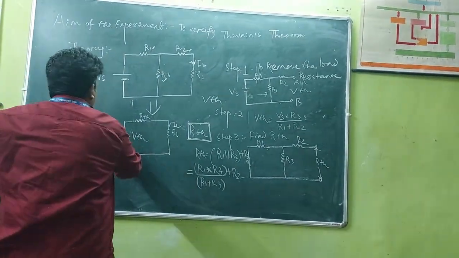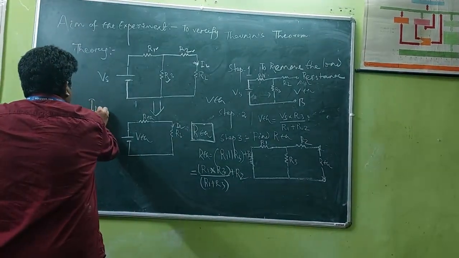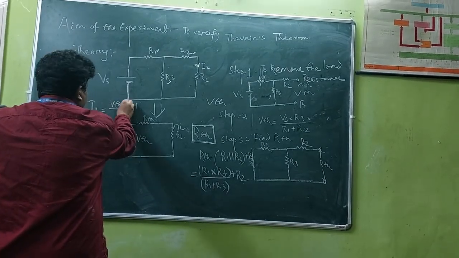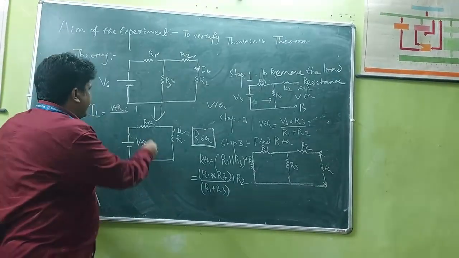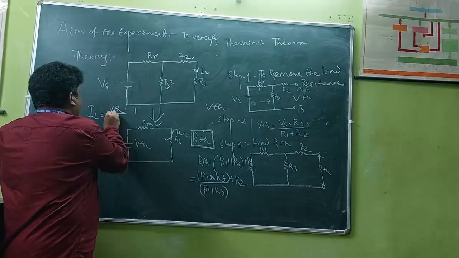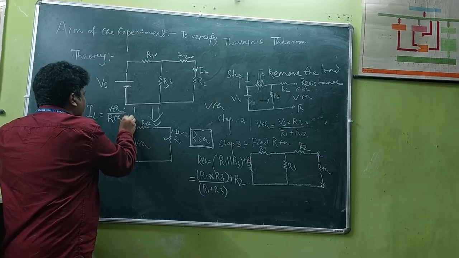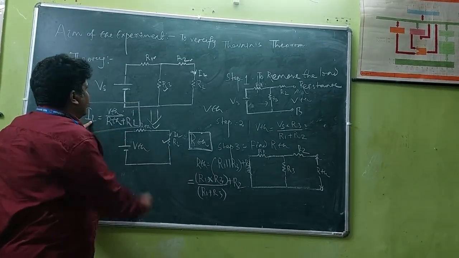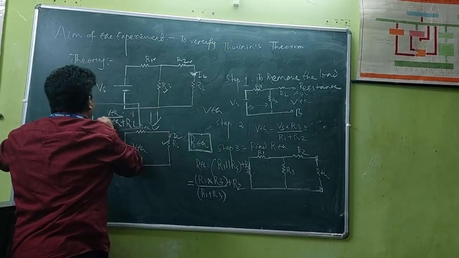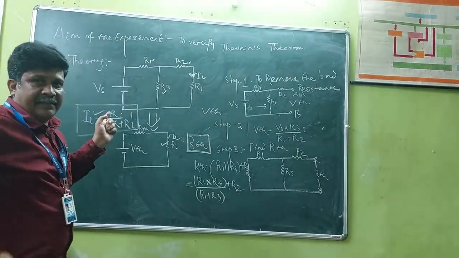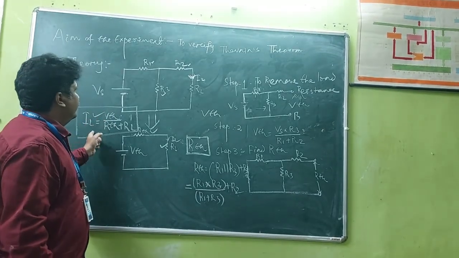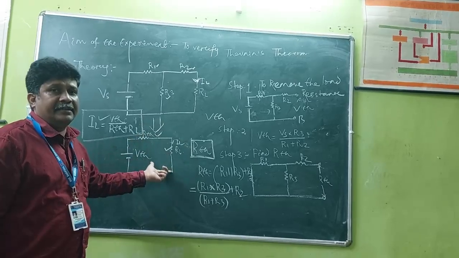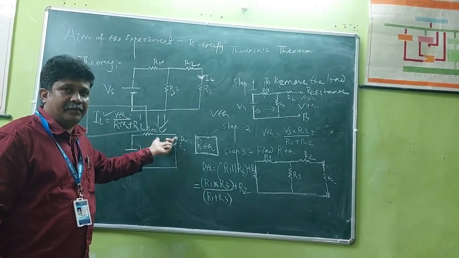Now we have to calculate the value of IL, which will be equal to VTH, or Thevenin's voltage, divided by RTH plus RL. If this value and the previously found value of IL are the same, then we can say that this theorem is correct, or we can verify the theorem in this sequence.